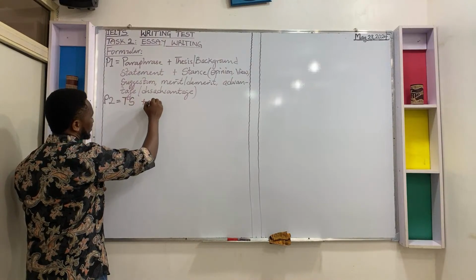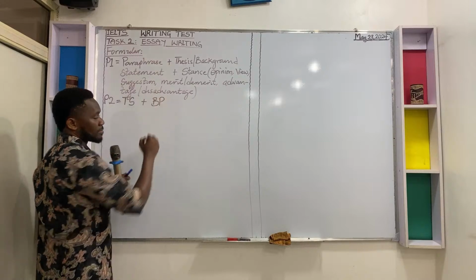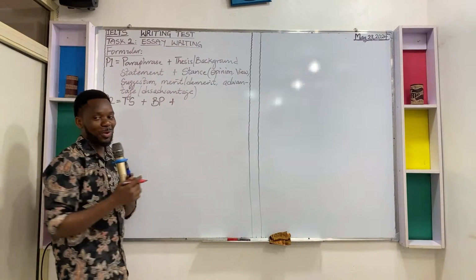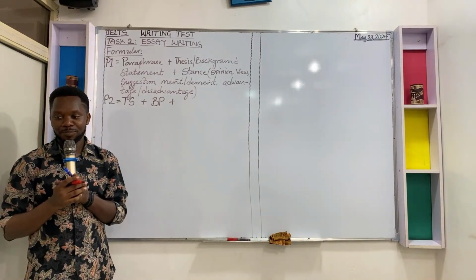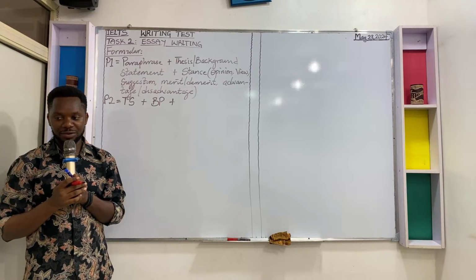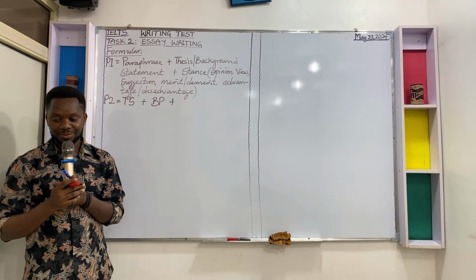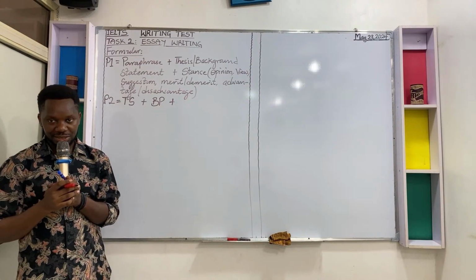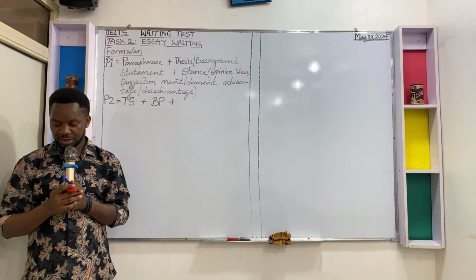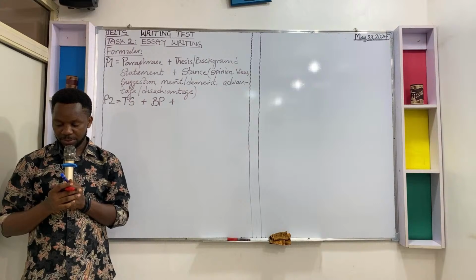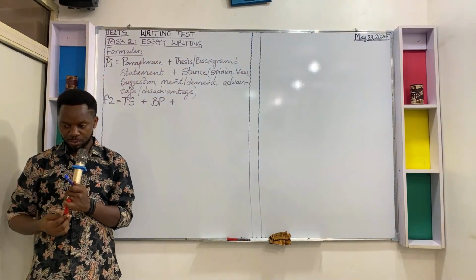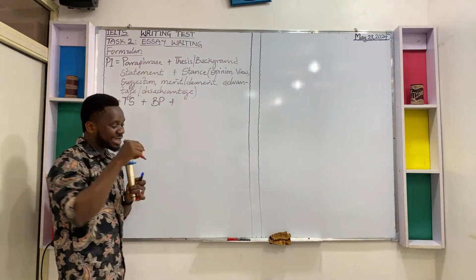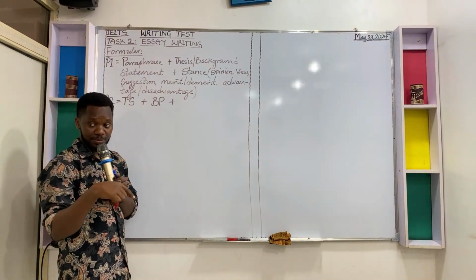And then we have B, that's background problem. The TS is what? Topic sentence. The body paragraph, that's the explanation of your topic. And your stance. Okay, example.